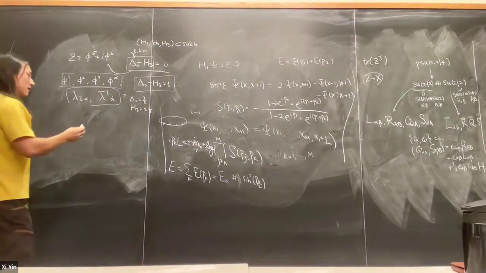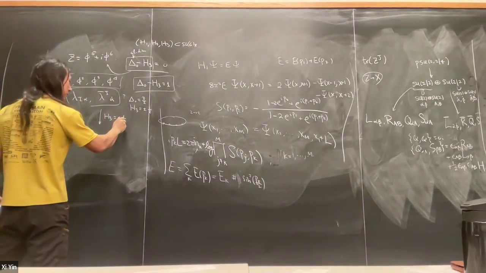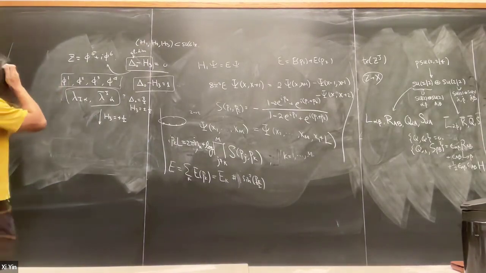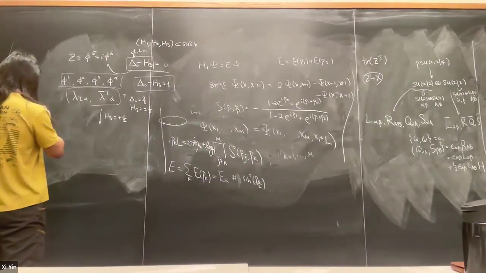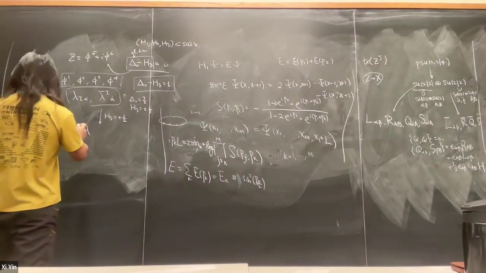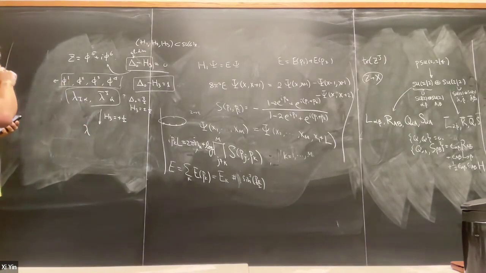Now we're going to be interested only in the ones with H3 equals plus 1/2. So that picks out half of these. Let me now also say how they transform under these symmetries.